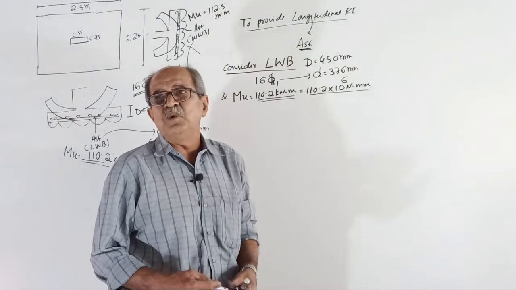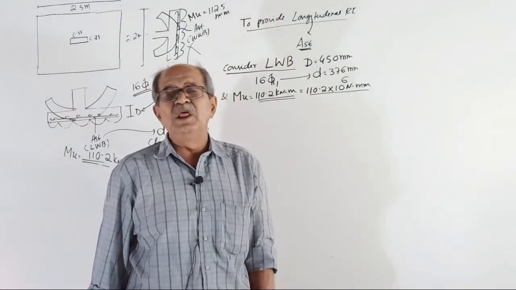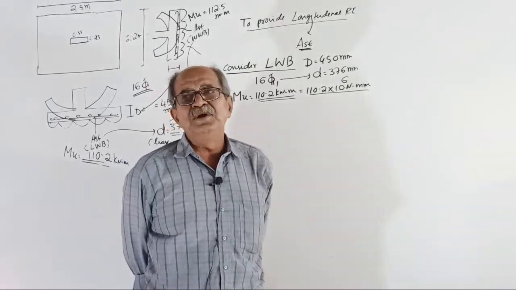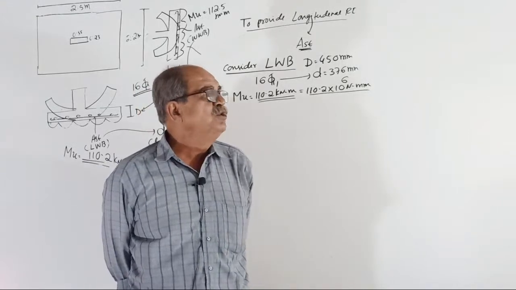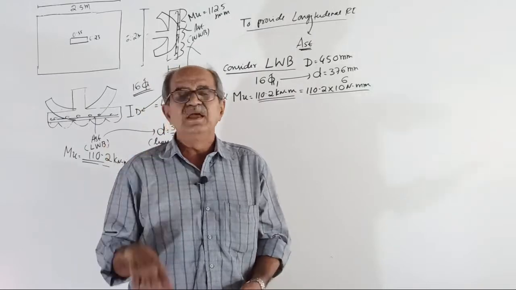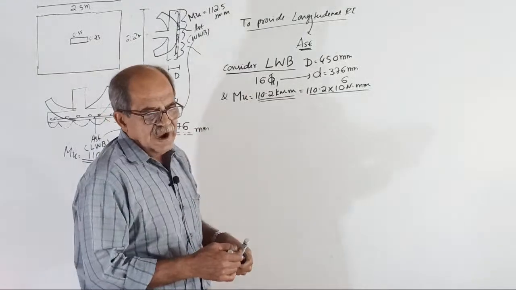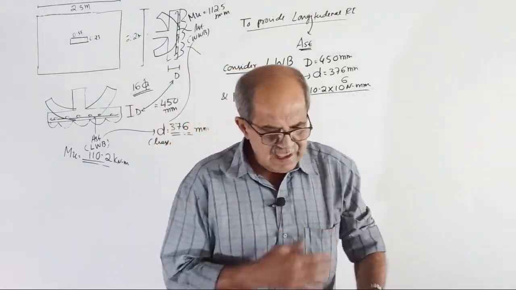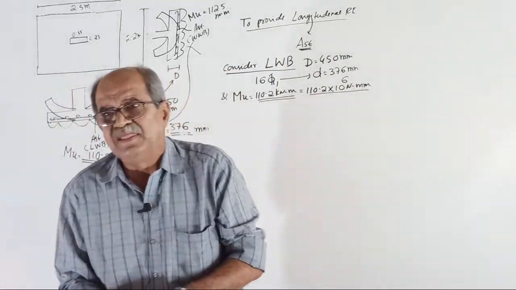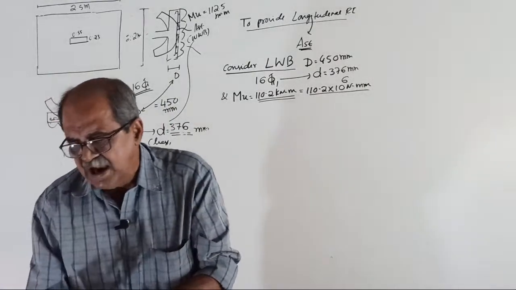Section is singly reinforced. Why? Because your Mu is less than Mu limit. That is basic structural knowledge. We found the depth by equating Mu to Mu limit, then we gave more depth, so your Mu limit is very high. Now the equation to find AST is, first of all, I need not tell because those in the RCC group and the ETABS group have been told this 1,000 times.